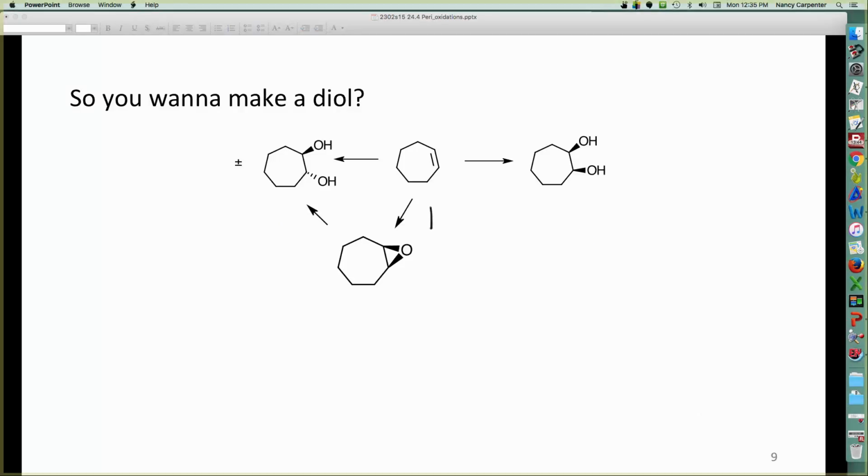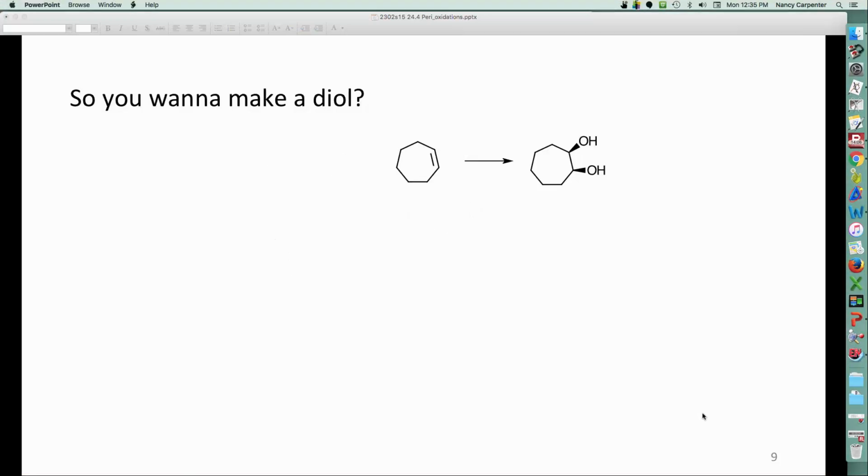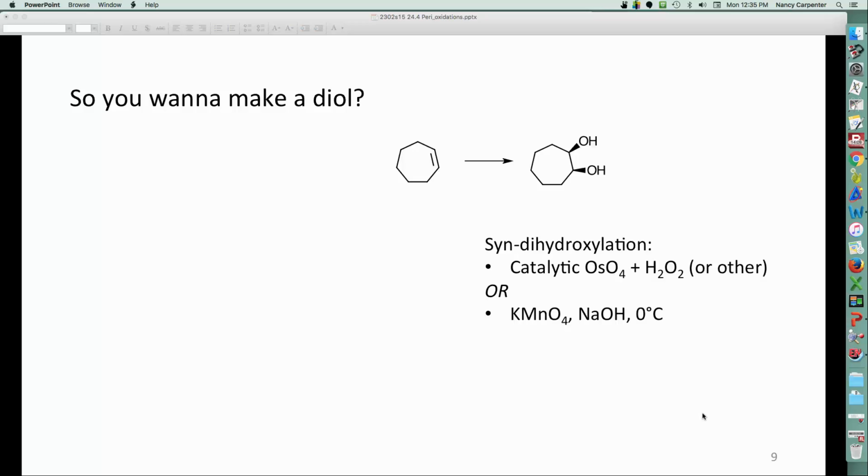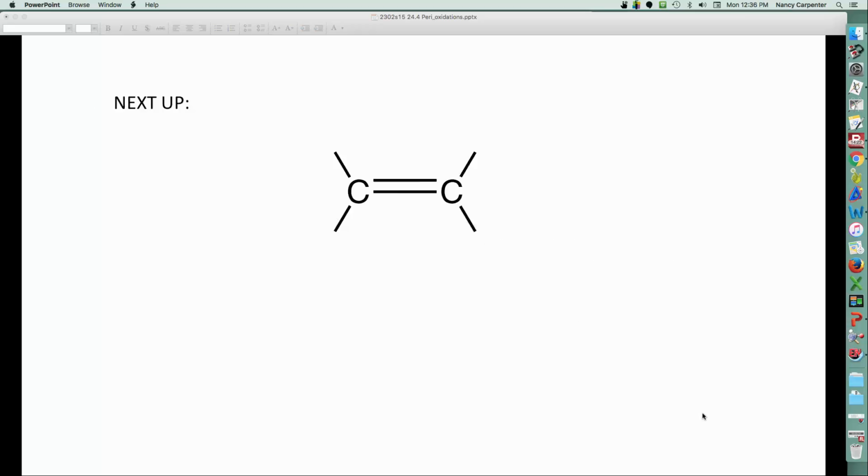We make the epoxide by adding a peroxy acid, and then we can add water or hydroxide to ring open the epoxide with anti-addition to get the anti-diol, or now in one fell swoop we can go to the syn diol using catalytic osmium tetroxide or potassium permanganate under pretty mild, cool, basic conditions. So add that to your synthetic toolbox, because we will be seeing it again.